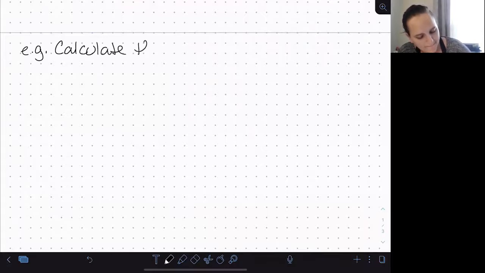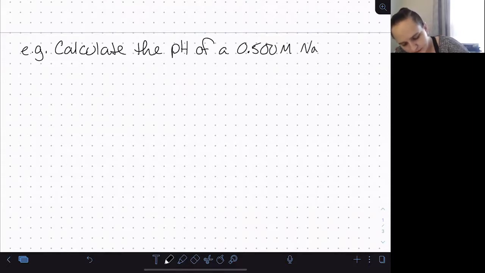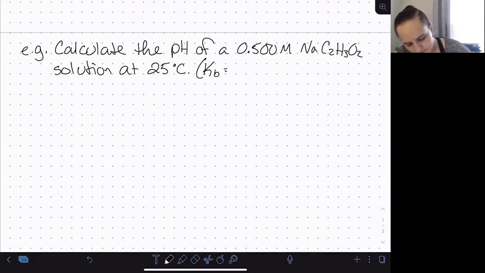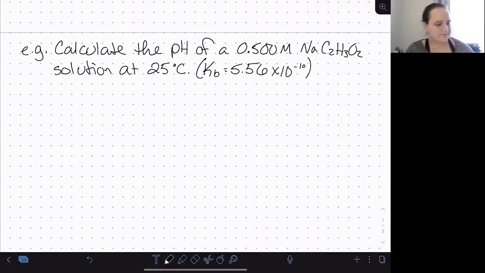So let's calculate the pH of a 0.5 molar sodium acetate solution at 25 degrees. Kb for our base is 5.56 times 10 to the negative 10th.